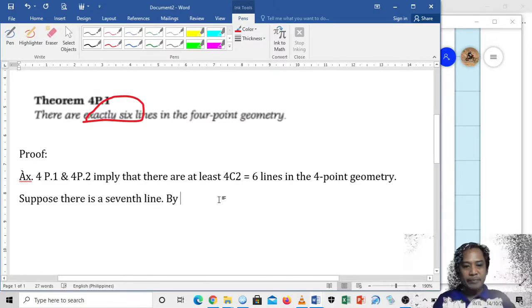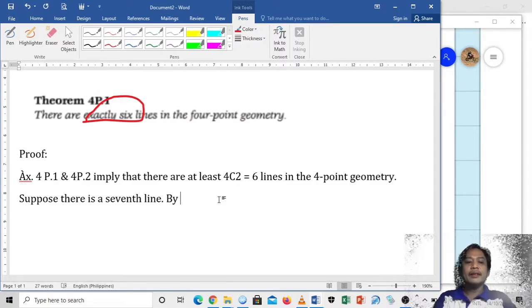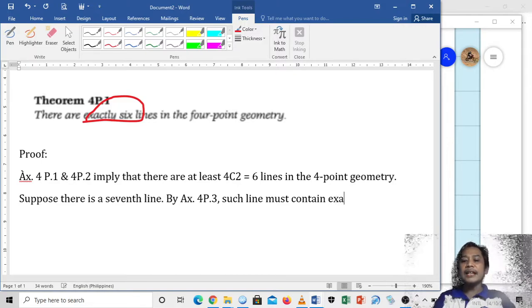But if we assume that there is a 7th line, by axiom 4p.3, such line must contain exactly 2 points.